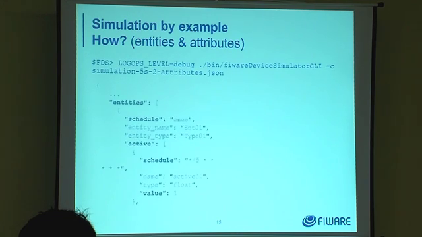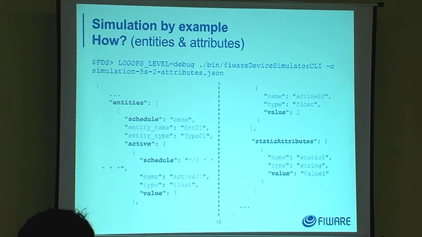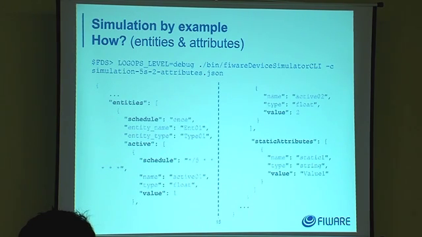From this point on, just let me mention that, as you can see, the schedule property can be specified at the entity level, but also at the active level. In the static attribute it does not make much sense.